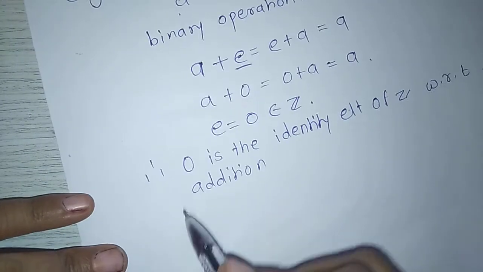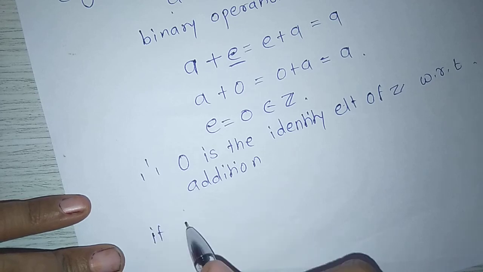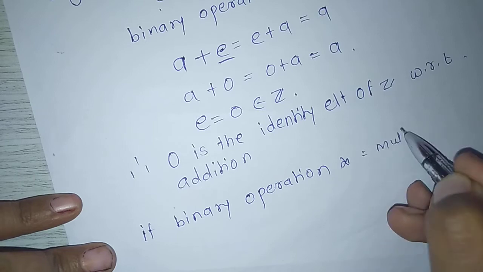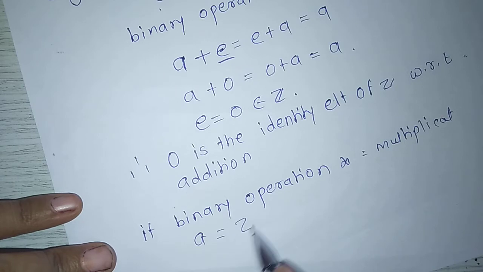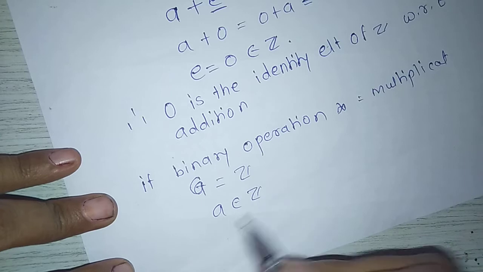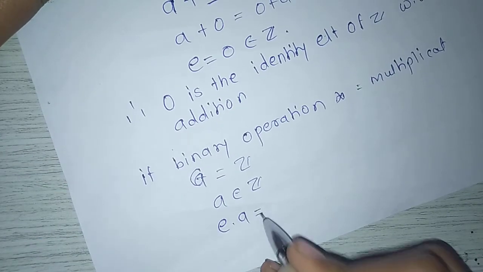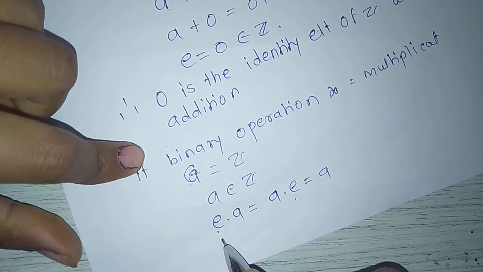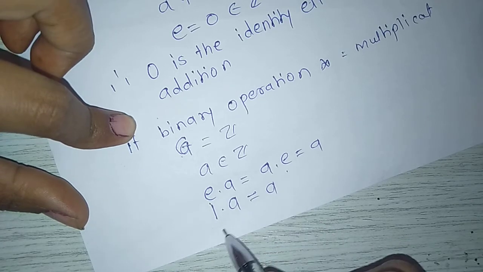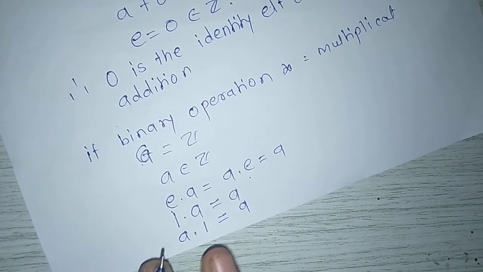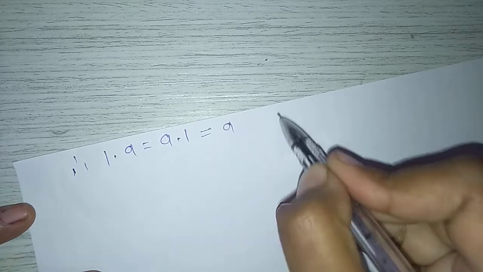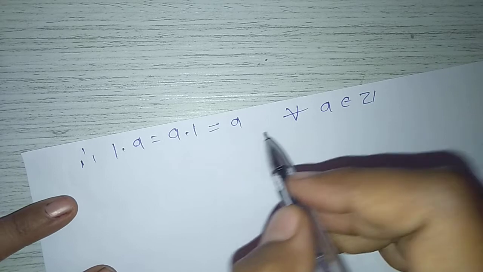Now if binary operation star is multiplication and G is Z, A belongs to Z, then E star A means E into A, which is equal to A into E, which must be equal to A. Then we say that E is identity of G. Here E must be 1 because 1 into A equal to A, also A into 1 equal to A. Therefore 1 is the multiplicative identity of Z. Therefore, we get 1 into A equal to A into 1 equal to A for all A belongs to Z, A is any integer.